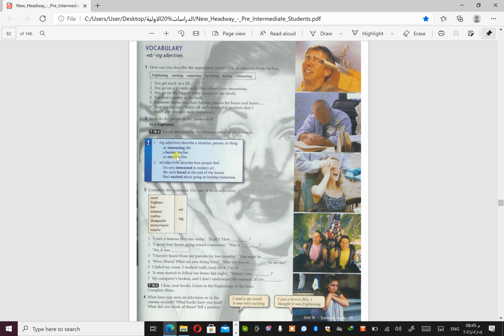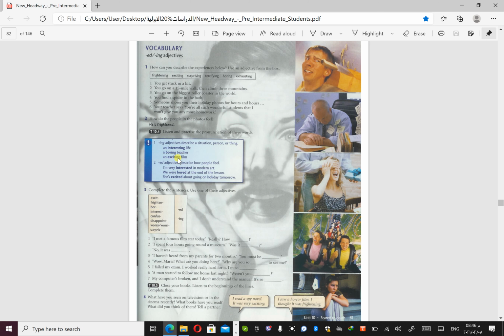So interesting life أكيد، most of the time ing is used to describe the characteristic. A boring teacher، مميزات هذا التيتشر boring. An exciting film. The same thing. فهنا describe the situation, person, things، يعني give characteristic لتعطي مميزات هذا الشيء.